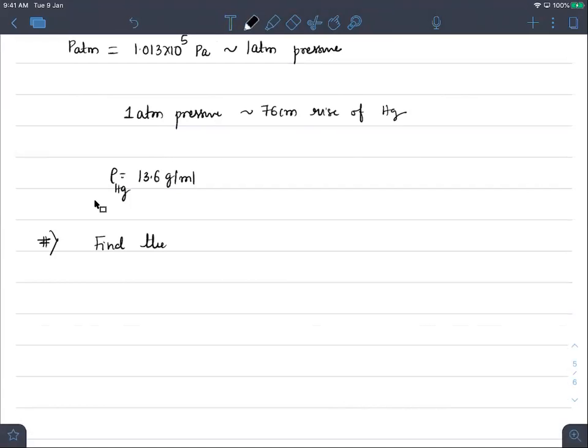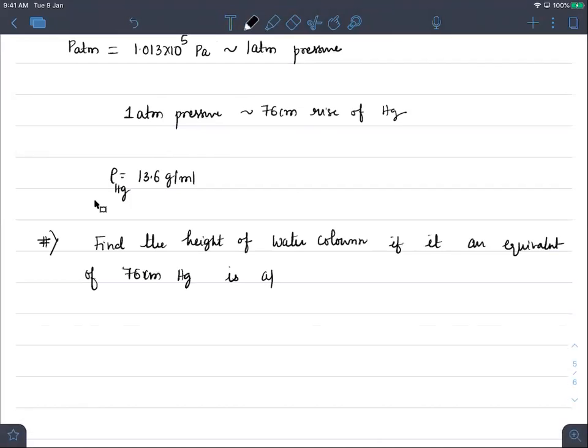Find the height of water column if an equivalent pressure of 76 centimeter Hg is applied on water.